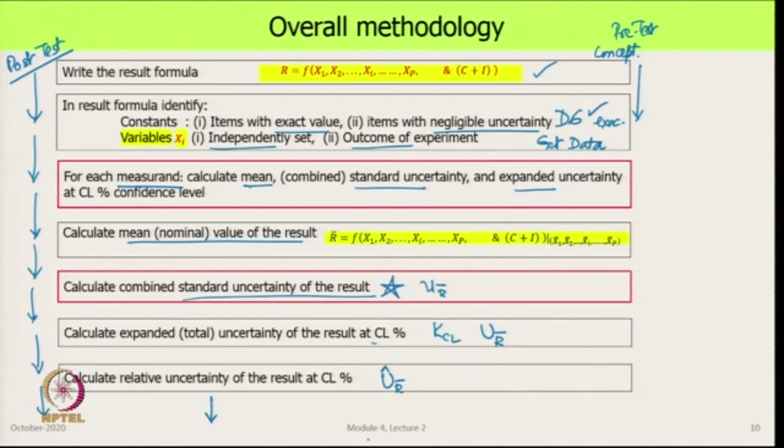Now, we do not execute the experiment. So, there is no data. So, we use all the information that we have to calculate only BXIs. We can estimate SXI bar, or at least for this level of analysis, we could even set it at 0.